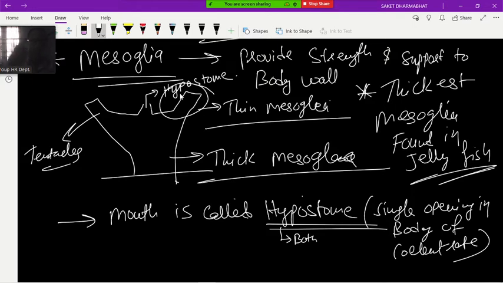The mesoglea should move very flexibly. Clear or not? But on the other end it is attached to the ground, so no movement is required. That's why the mesoglea is thick. If you see a banyan tree, at the top it is thin, but its base is very broad. Thickness is more.